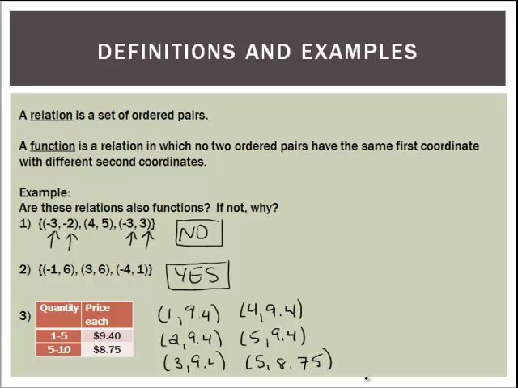We could stop right there, couldn't we? Here we have repeating x's with different y's. That means it is not a function. What if this had been a 4 right here? If that had been a 4, then this would be a function because you wouldn't have any repeating x's.